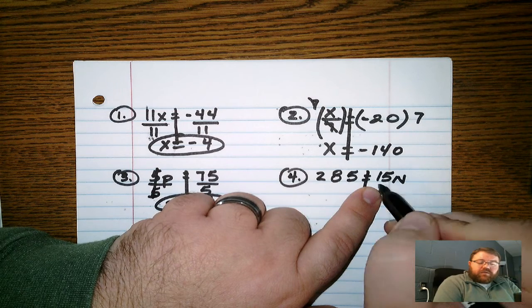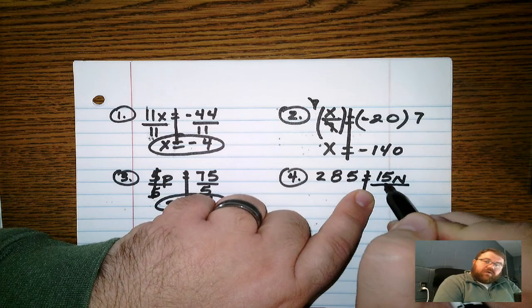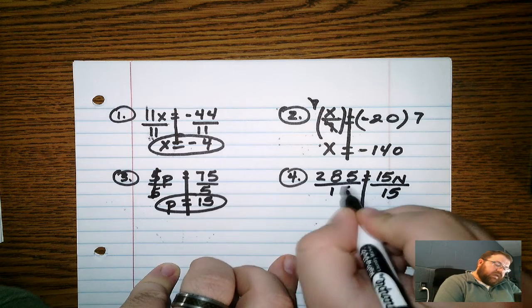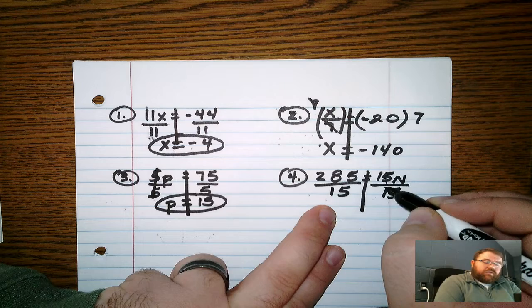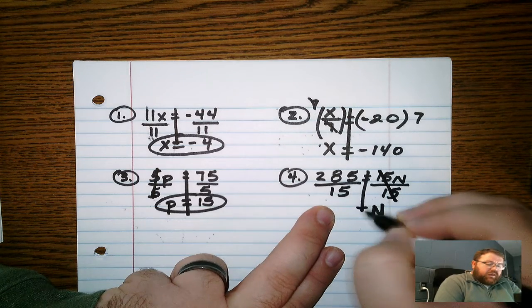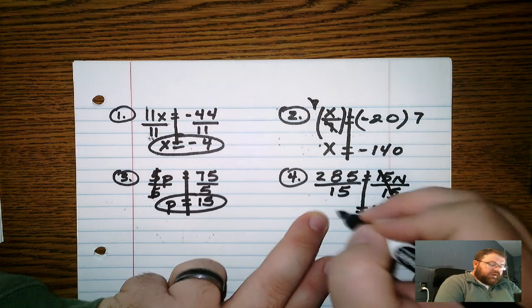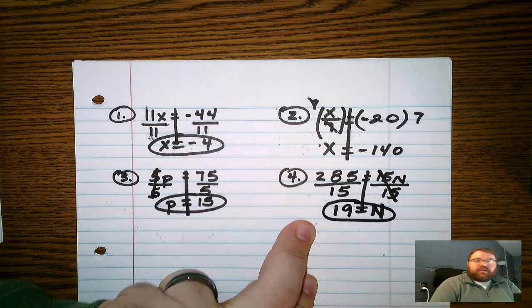I know this because it's sitting right next to the variable n. The inverse operation of multiplication is division, so I divide both sides by 15. 15 divided by 15 is 1, so cancel, put n equals 285, and 15 is 19, so n is equal to 19.